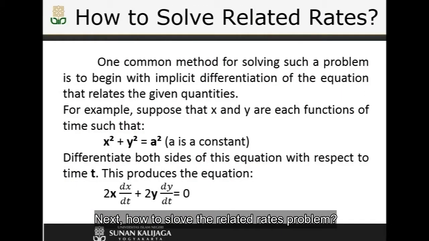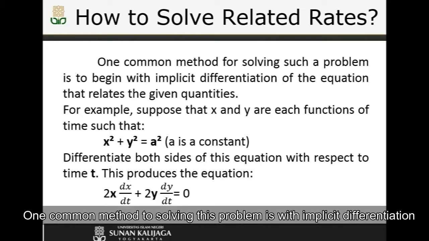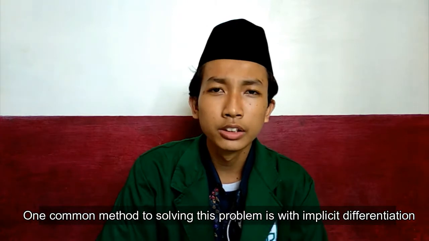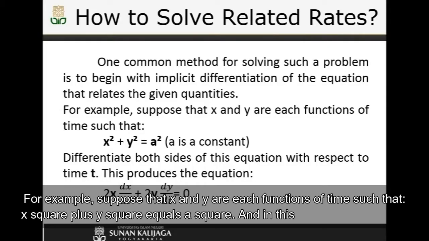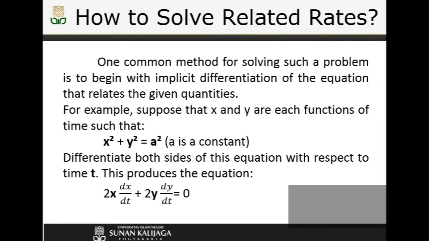Next, how to solve related rates problems. One of the common methods to solve this is with implicit differentiation. For example, suppose that x and y are each a function of time, such that x squared plus y squared equals a squared, and in this case a is a constant.